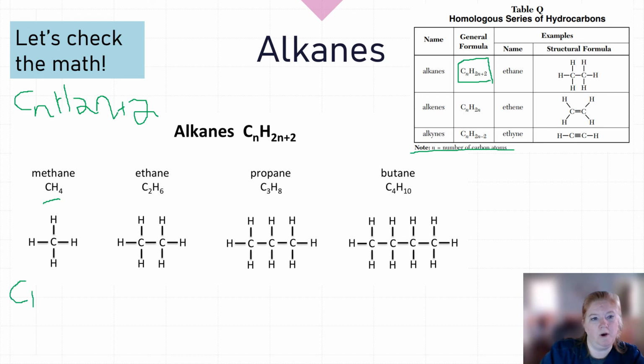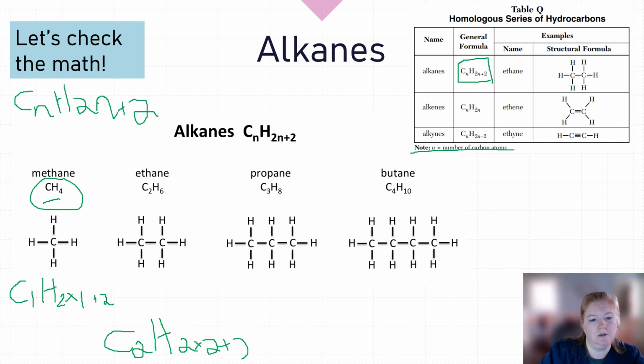So C1H(2 times 1 plus 2) equals CH4. For ethane, it would be C2H(2 times 2 plus 2). The only thing I had to plug into this formula is right there, and that absolutely does equal this.